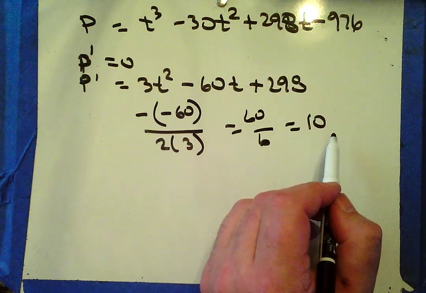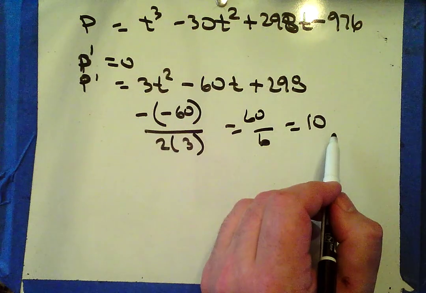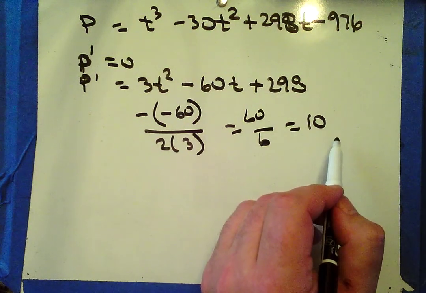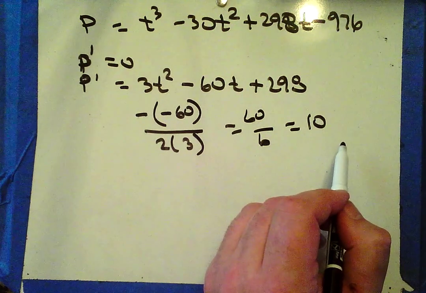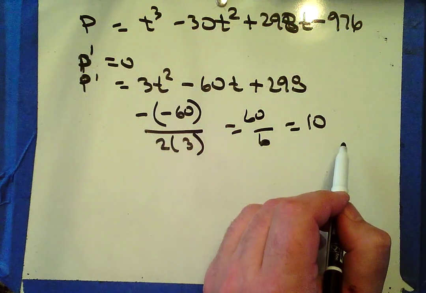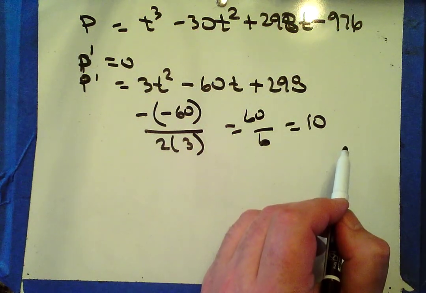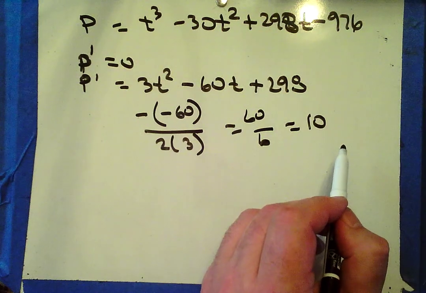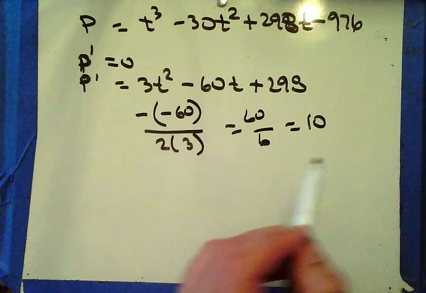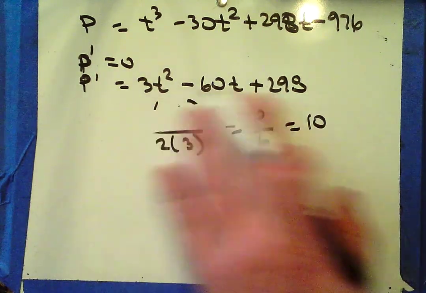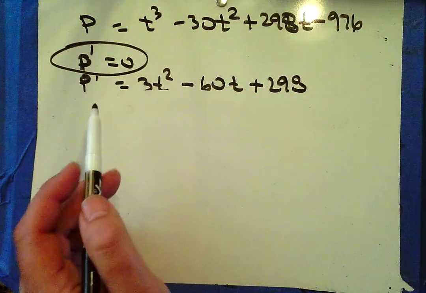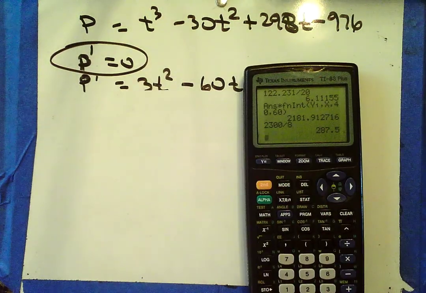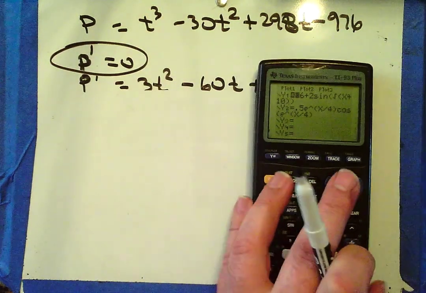At time equal to 10, which is interesting because that's not what I've got. Oh, I'm sorry, I'm looking for p prime equal to 0, not the max on p prime. Duh. See, that's why you write things down like this. We pull out our calculator and we graph p prime.